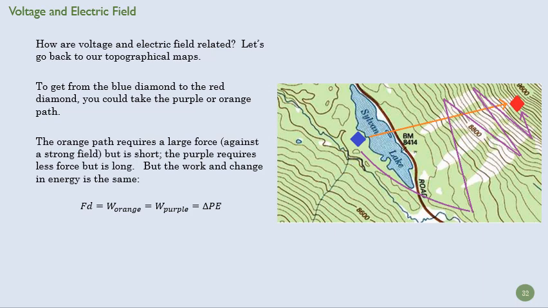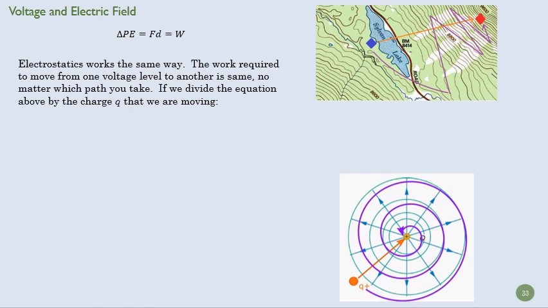Okay, so what does this have to do with electrostatics? Well, electrostatics works in the same way. Okay, the work required to get from one voltage level to another is the same no matter what path you take, right? So if I have a certain voltage at the center of my electrical field here, I can go straight there, right?